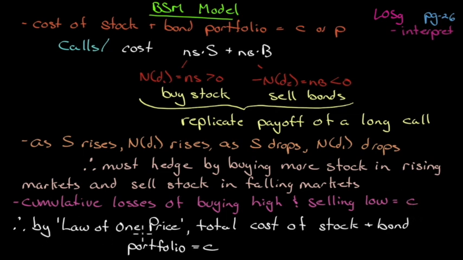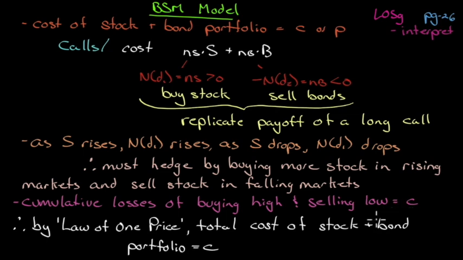So by the law of one price, the total cost of the stock and bond portfolio is the cost of the option. So rather than all of this dynamic hedging as ND1 rises and prices rise and drop, buying on the way up and selling on the way down, that's just a losing game. All of those little losses add up to what you could have just paid for the call to begin with.